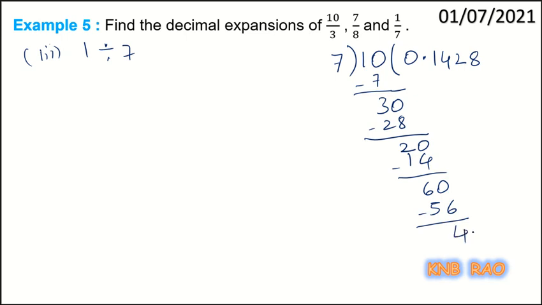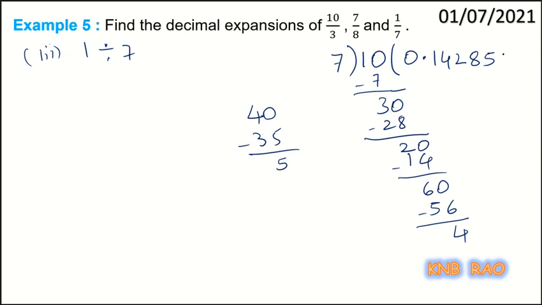Now 40, I will have this side 40, taking the same 4 here. 7 5s are 35. So 40 minus 35 is 5.